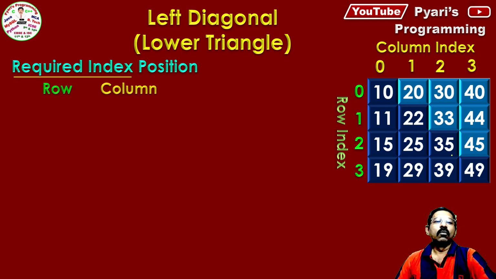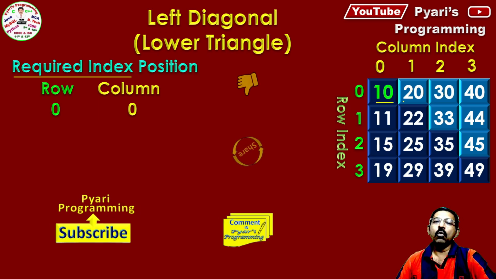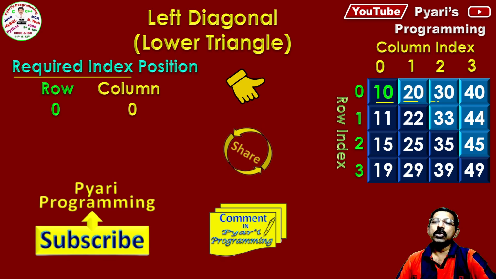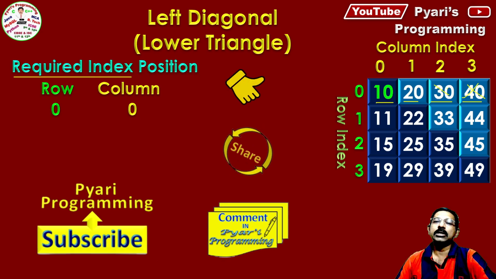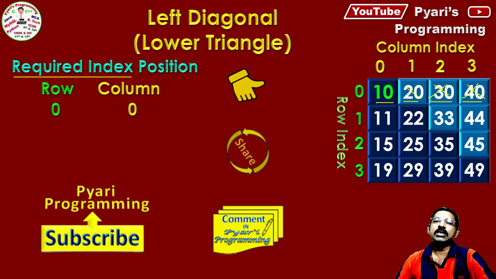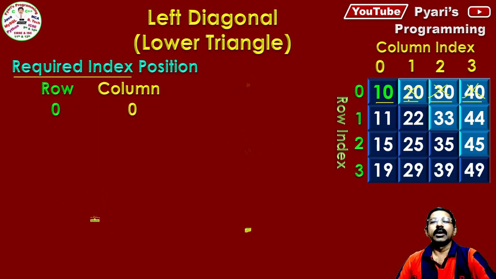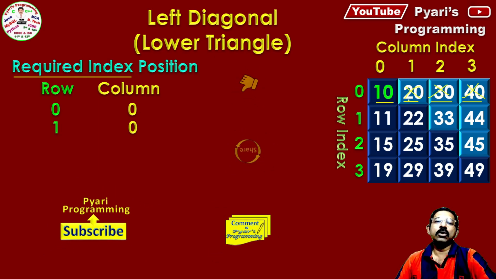So let's see. We need to find out the row and column indexes which are needed for me to display. The first one is 0, 0. You can see the color is changed to green. That means this is my required index position. But I don't want 0, 1, 0, 2 and 0, 3. These are not required index positions. How can we skip this part? We'll learn. Next, I need the 1, 0 index position.